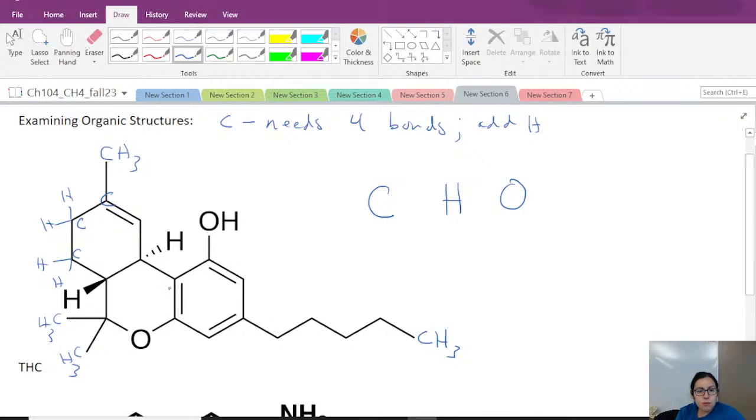This already has 4 bonds, this already has 4 bonds, that's 4. And then this carbon has 1 hydrogen, this carbon has 1 hydrogen, this already has 4. And so 2. I stopped labeling these carbons, but these are all carbons, right? Carbon, carbon, carbon, carbon.